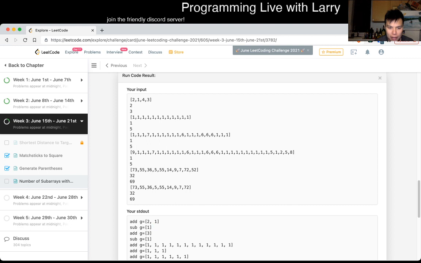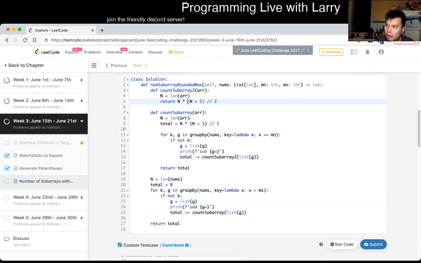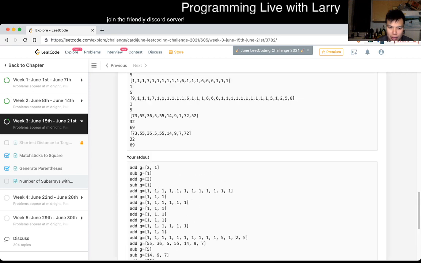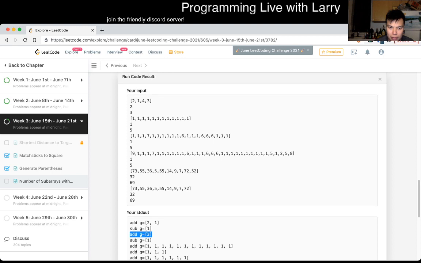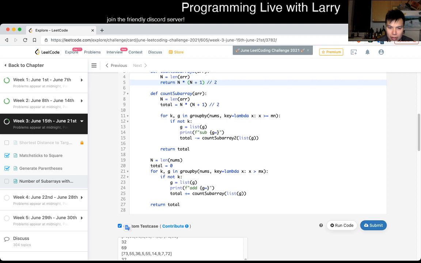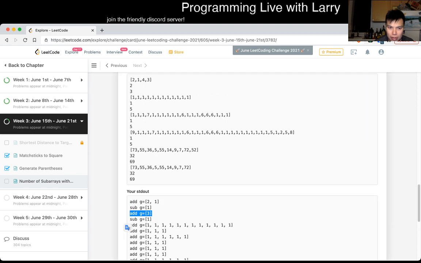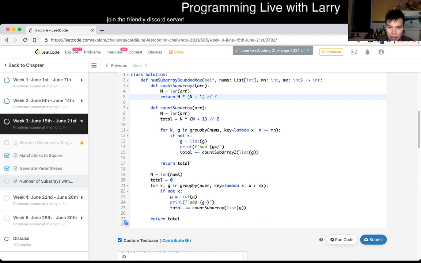Oh no, we subtract by this. Is this formula wrong? So if it's 1, it should be 1 times 2 times 1. So that's right. So why is that wrong? I don't know if this subtract 1 is from the same. No, it should be from the same. Why am I subtracting 1 again? Oh, okay, typo.